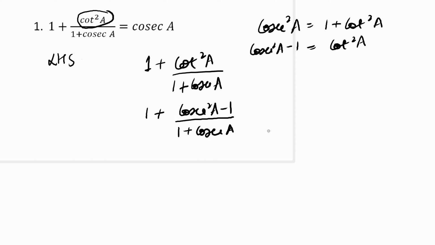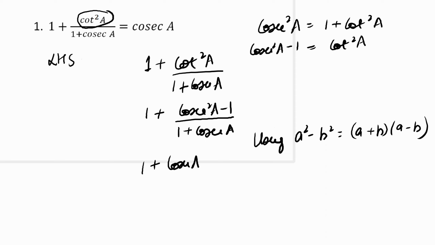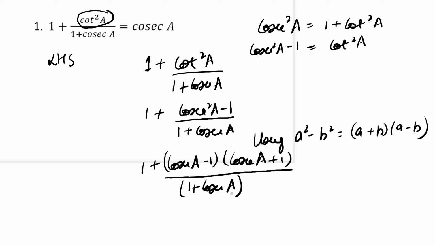So we will use A square minus B square is equal to A plus B, A minus B. So what will it come? It will come to be cosec A minus 1 into cosec A plus 1 upon 1 plus cosec A.